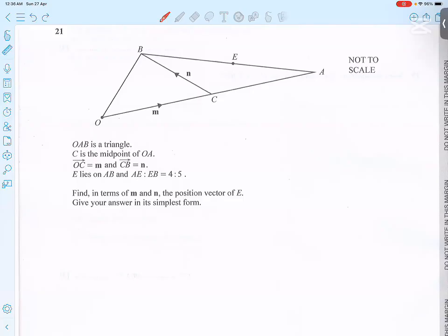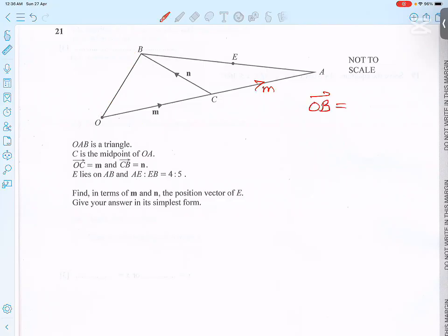So how to solve this question, students? We have a triangle OAB, and C is a midpoint of OA. So this distance and this distance are equal to each other. This is m, so this is also m. Now, students, if OB is the task, how to get OB?